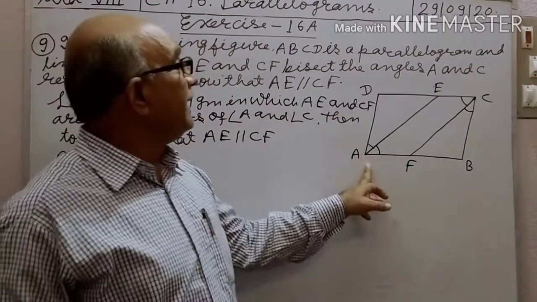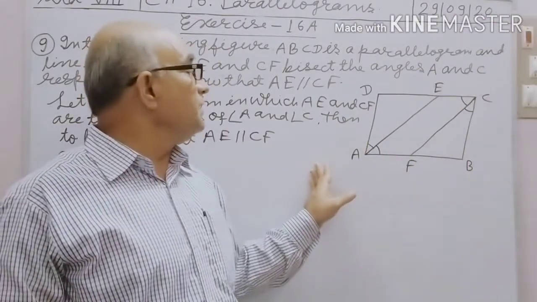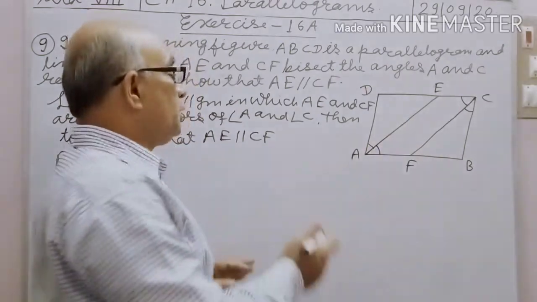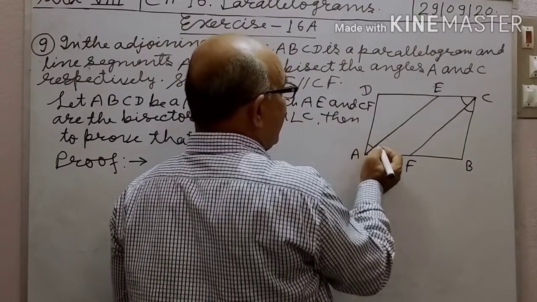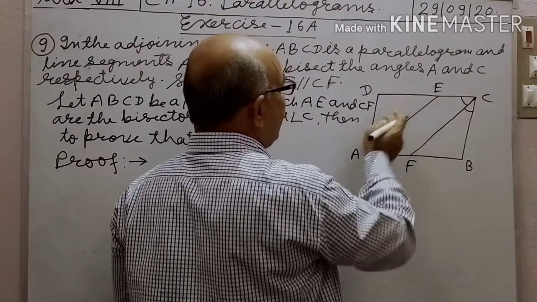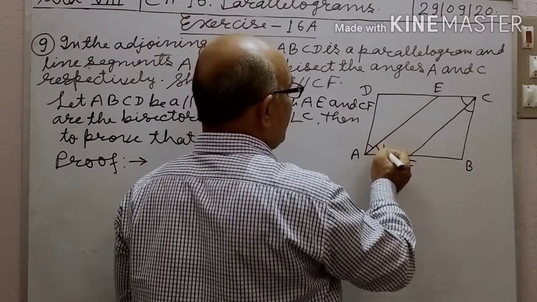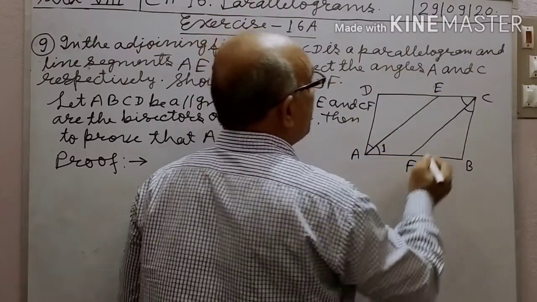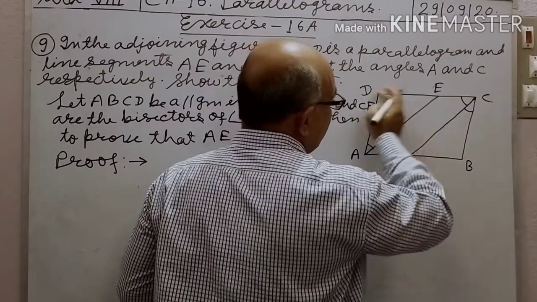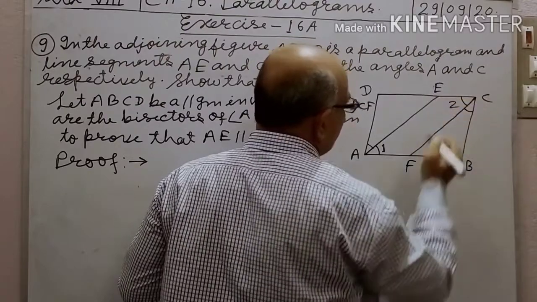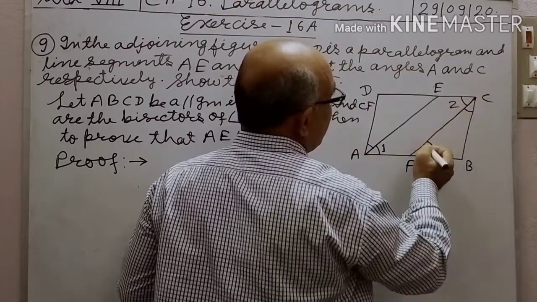Students, angle A equals angle C. In parallelogram ABCD, opposite angles are equal, and AE is the bisector of angle A. So angle DAE equals angle BAE. Suppose angle BAE equals angle 1, angle DCF equals angle 2, and angle BFC is angle 3.